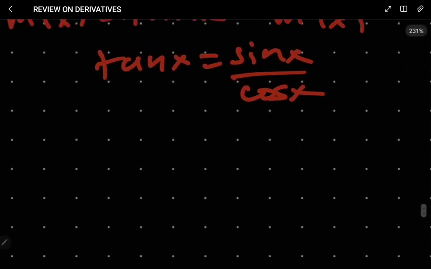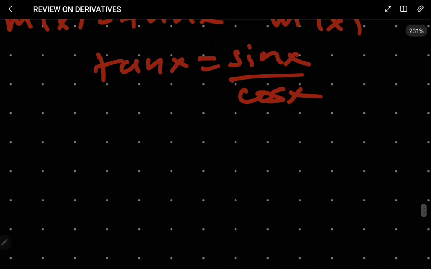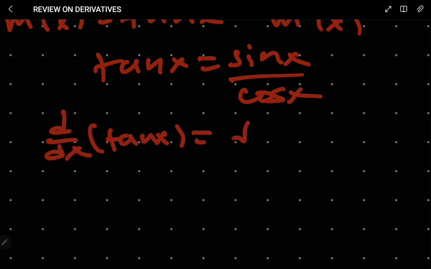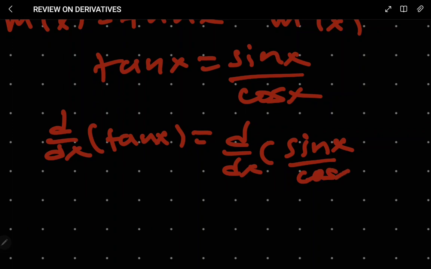So the derivative d/dx of tan x is d/dx of sine x over cos x.